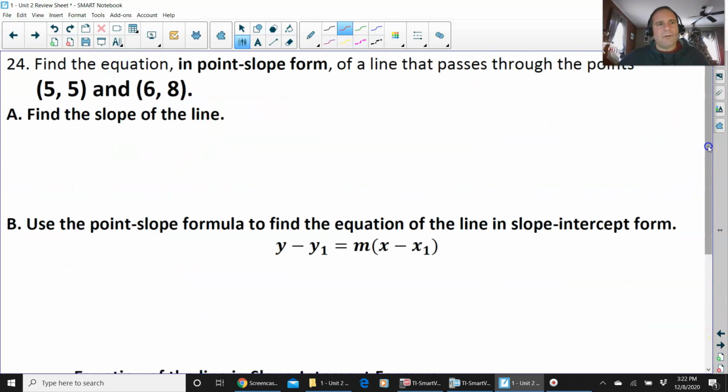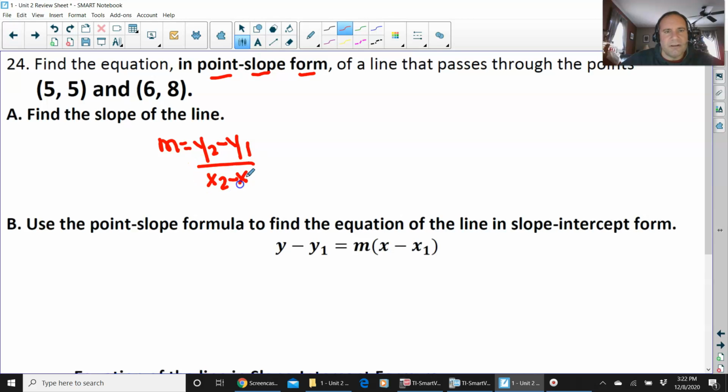All right, so here we go. Write an equation in point-slope form that passes through the points, and then find the slope. So we use the point-slope formula. So find the slope for A. M equals y2 minus y1 over x2 minus x1.